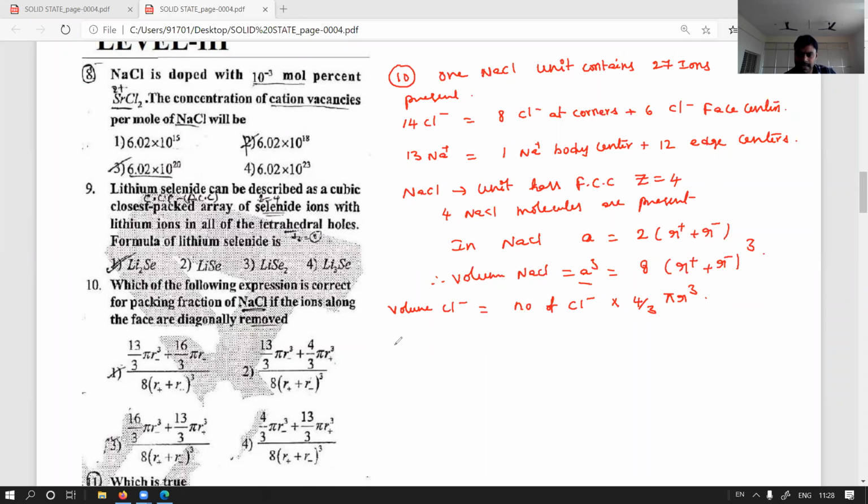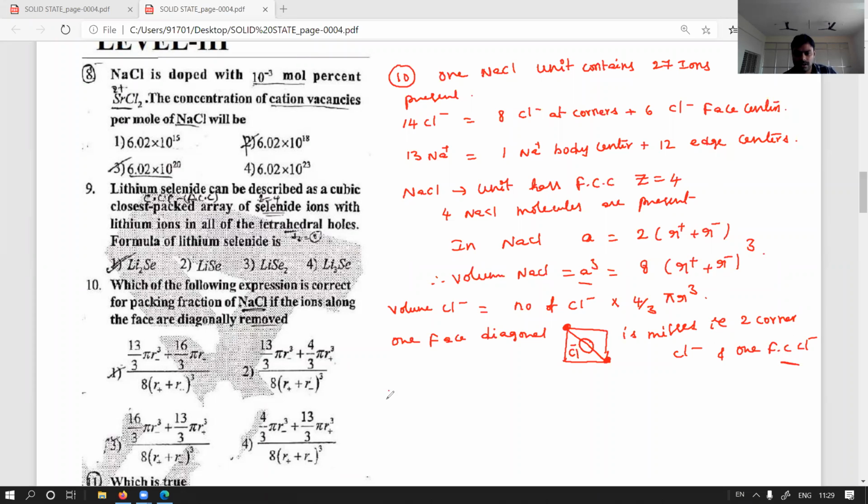Here one face diagonal is missed. In this one face diagonal, the middle has one chloride ion, and at the corners two chloride ions are present. One face diagonal is missed, which means two corner chloride ions and one face center chloride ion are missed.